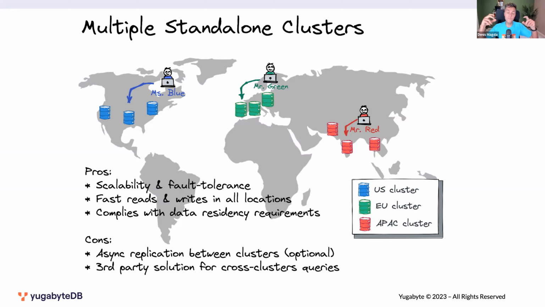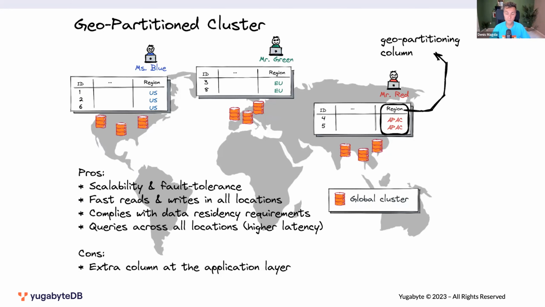And if your application needs to pull data from various clusters, then it's a responsibility of your application layer to pull this data, to join this data, to merge this data, and then to return it back to your user, okay?